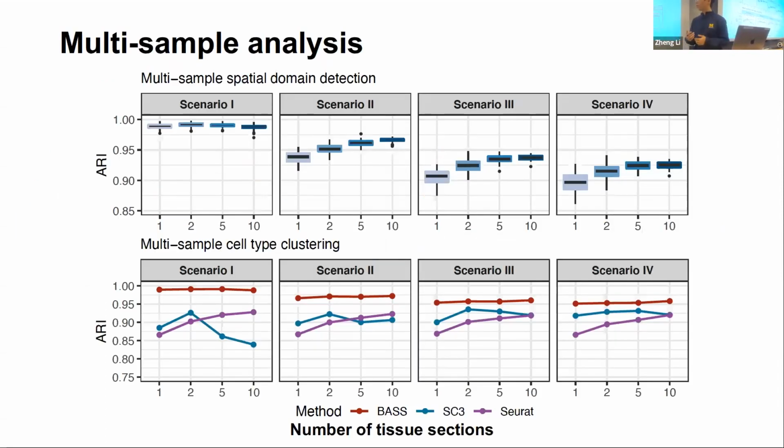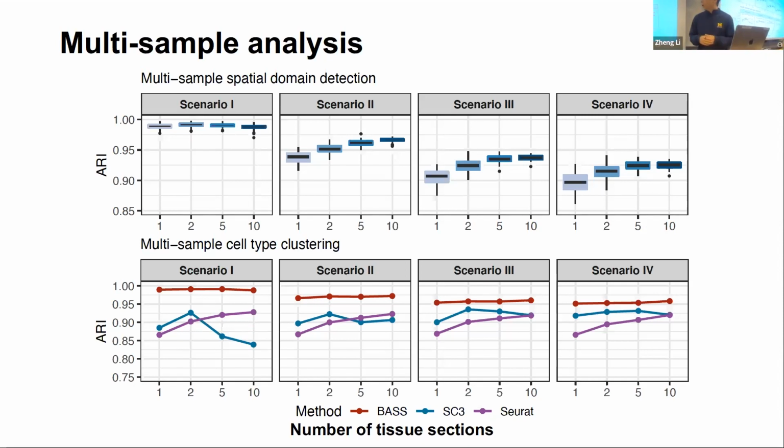Besides the single sample analysis, we also did a multi-sample analysis by jointly analyzing multiple tissue sections together. As expected, if we increase the number of tissue sections, the performance of spatial domain detection increases, and the performance of our method and SIRET increases for cell type clustering. However, for SC3, the performance increases first and then decreases.